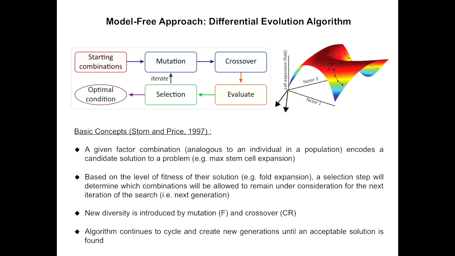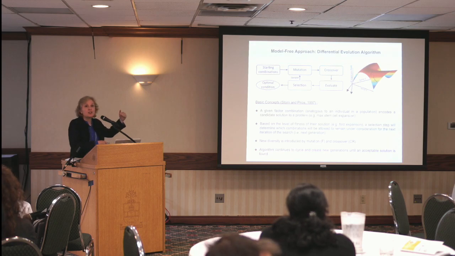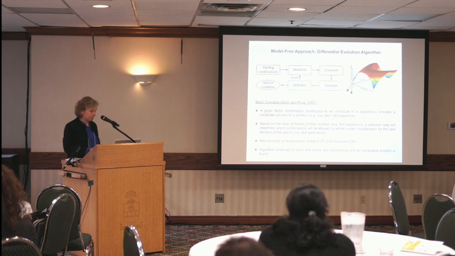The algorithm continues to cycle and create new generations until an acceptable solution is found. And this is analogous to walking on the response surface. Let's imagine that the true response surface of the process is usually unknown, but let's say that it's represented by this surface in color. With differential evolution, you would be walking on the surface until you find the maximum of the function.